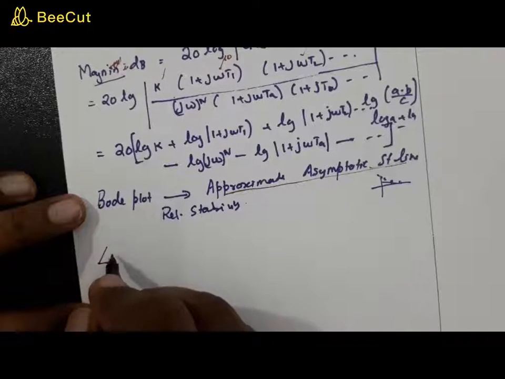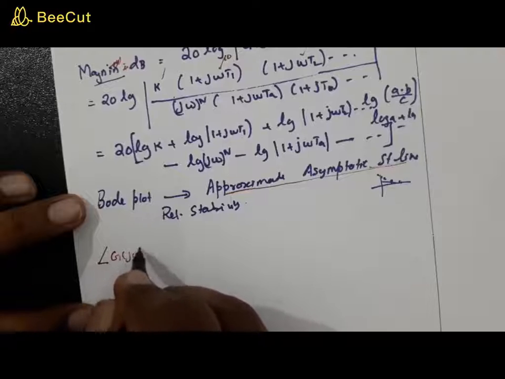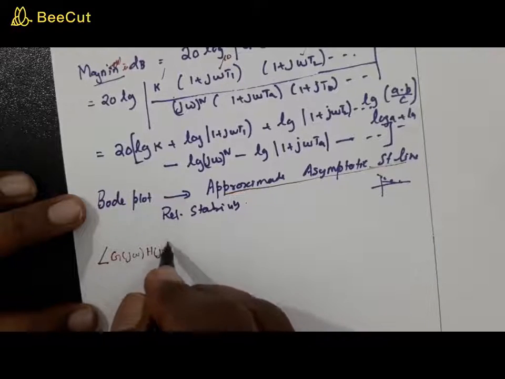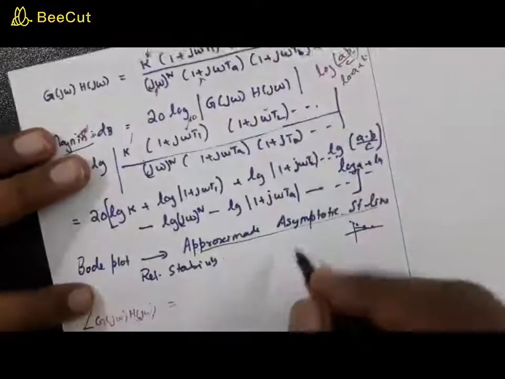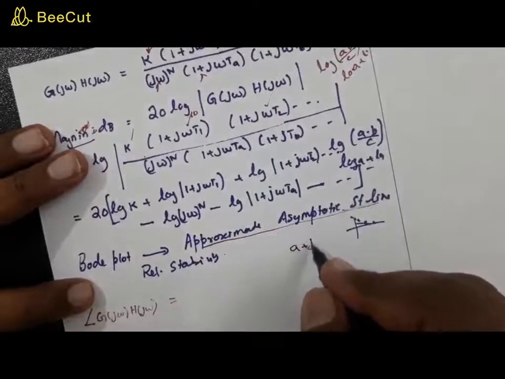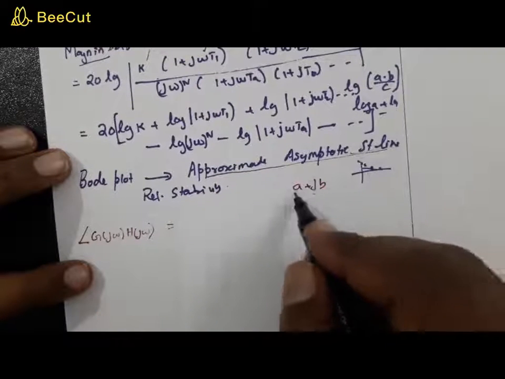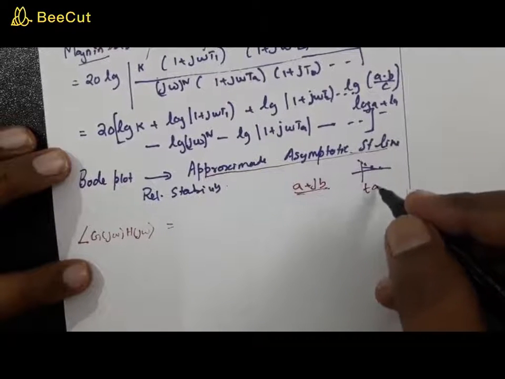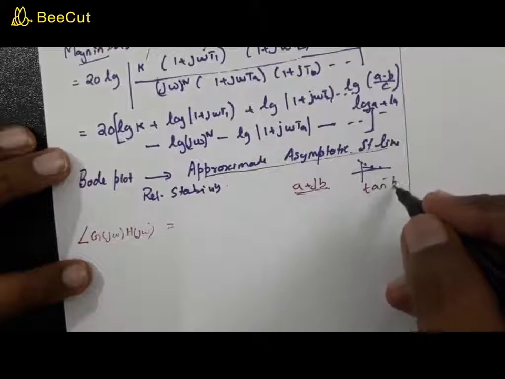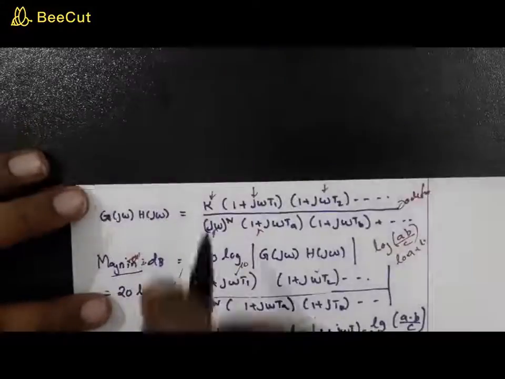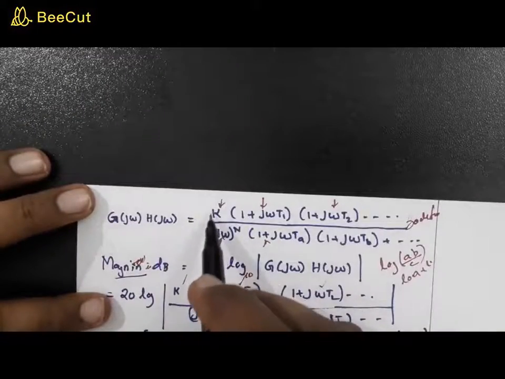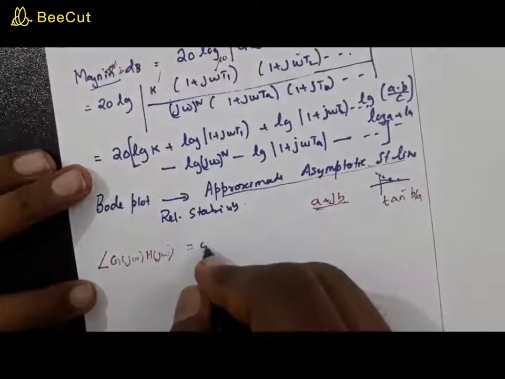Now, how do we find the angle of G(jω)H(jω)? What is the angle of K? You know that. So how will you find the angle? If you consider every term to be of the form a plus jb, the phase of each will be tan inverse of b by a. Here b is 0, since this is a real term, so this is 0.